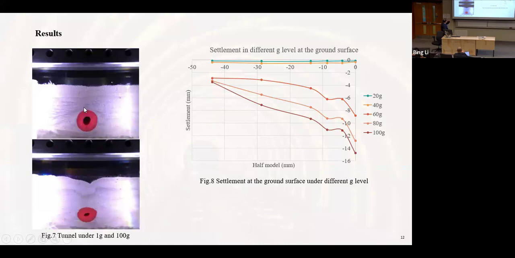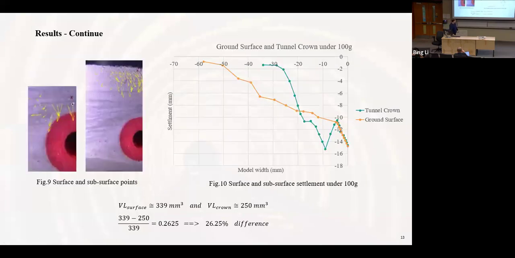And as you can see, after running under elevated G of 20, 40, 60, 80, and 100, on the top of the tunnel on the ground surface, you can see under elevated G we have different settlements. And you can see at 100 G, it squeezes the pool noodle, and we have this displacement. Here a sinkhole happens.